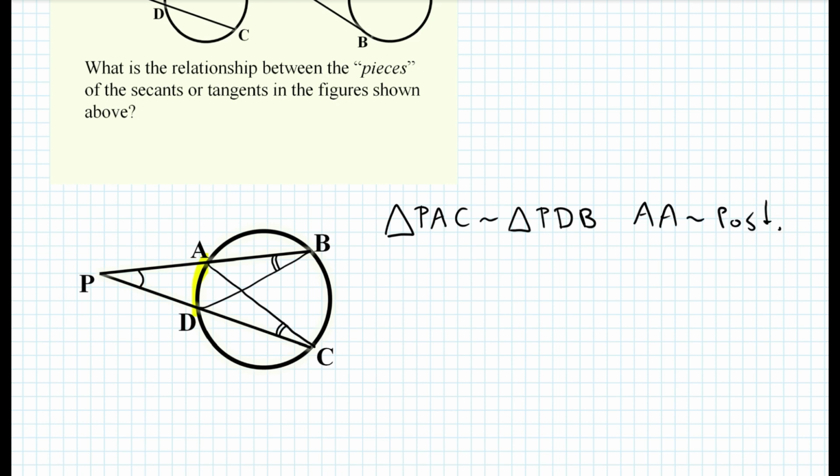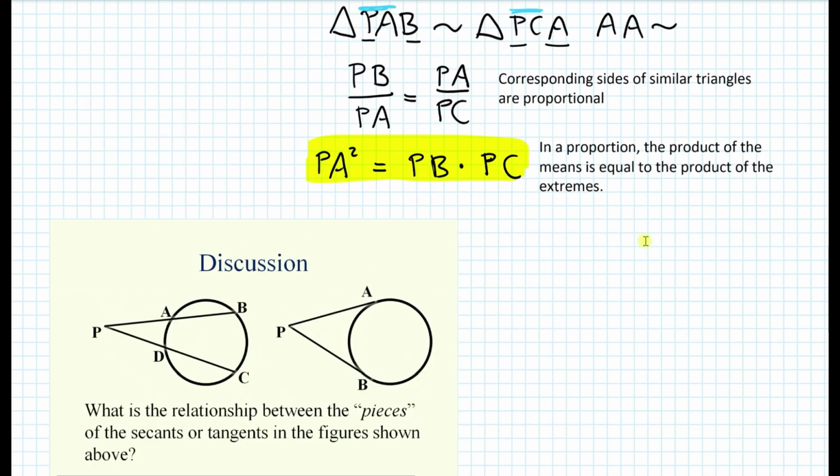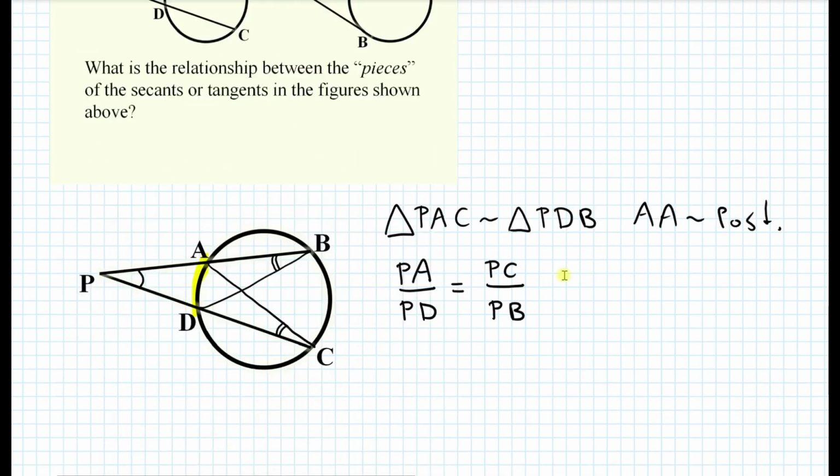Now that we have two triangles that are similar, we can again generate a proportion, which is PA over PD is equal to PC over PB. Again, we stated the reason before: corresponding sides of similar triangles are proportional.